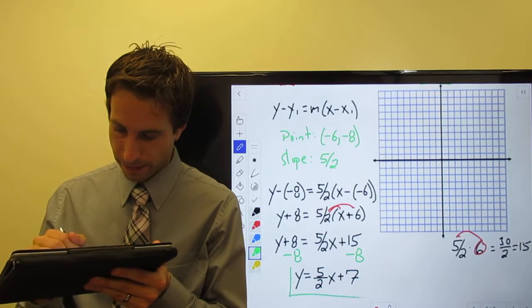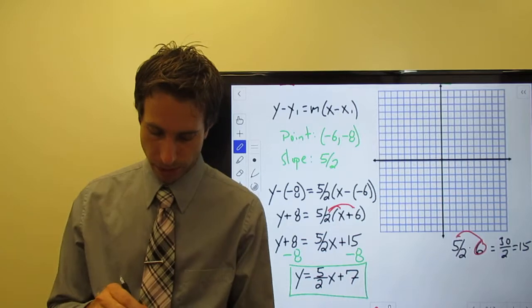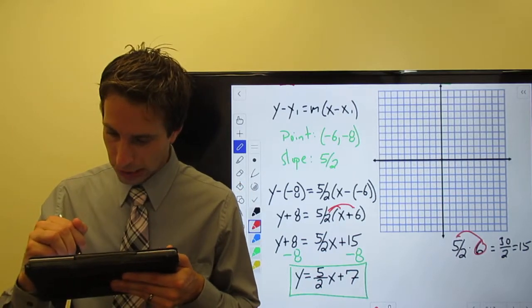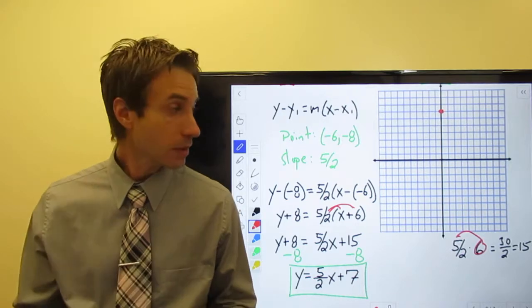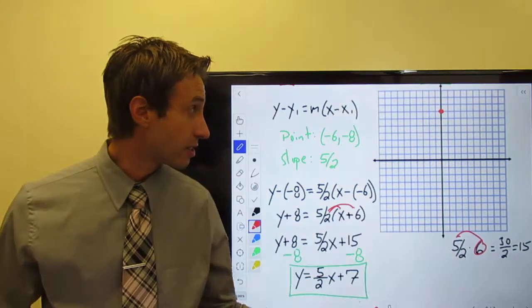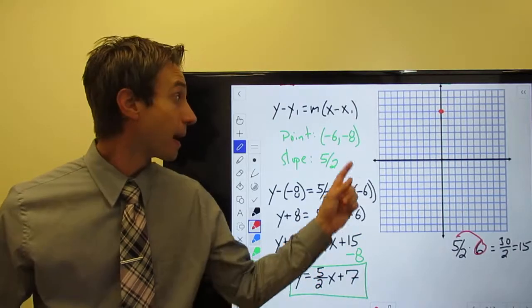All right, there's my line. Y-intercept, slope. +7, and that's going to be right there. There's my y-intercept of +7. Now, I need to go 5/2, right? Yep, I need to go 5/2.